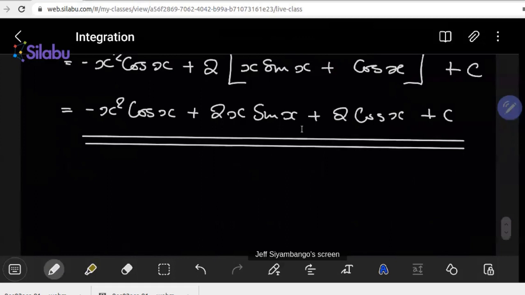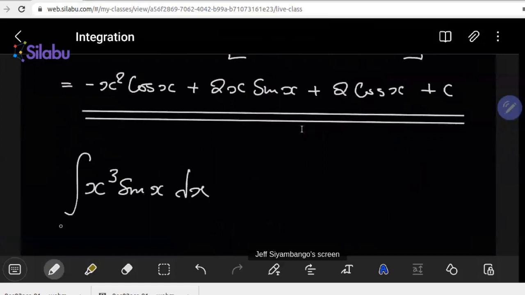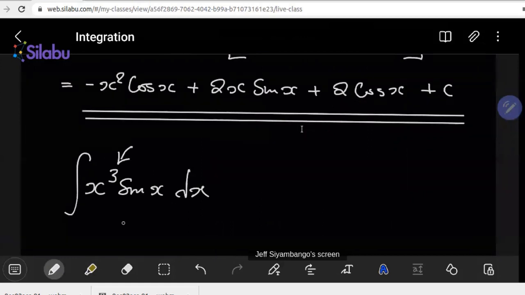You have to see that if you had x to the power 3, maybe let's say sine x dx, if this is what you were integrating, most likely you have to reduce this over and over. You integrate the first time, it gives you something with an integral there. Again, by parts, it reduces.